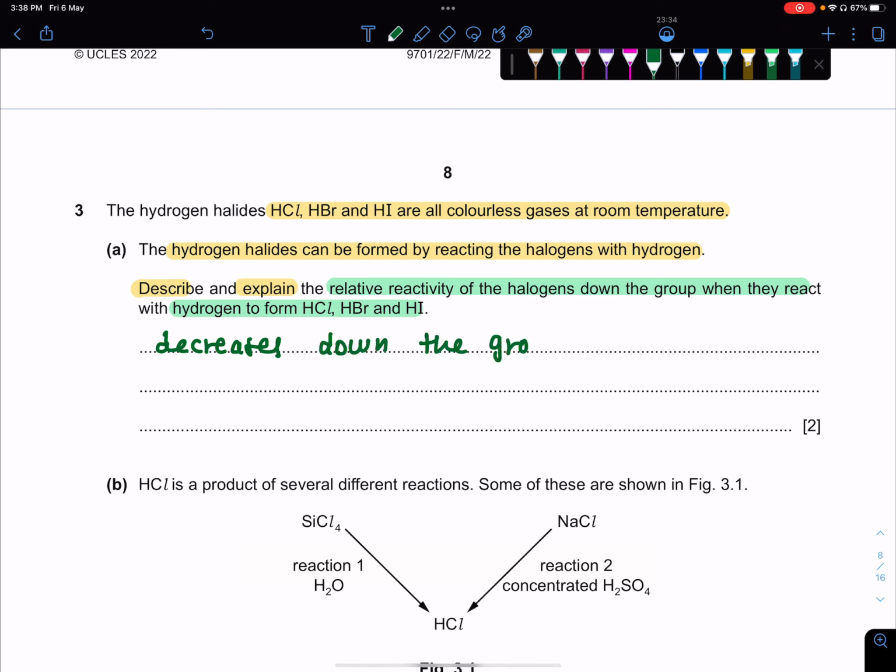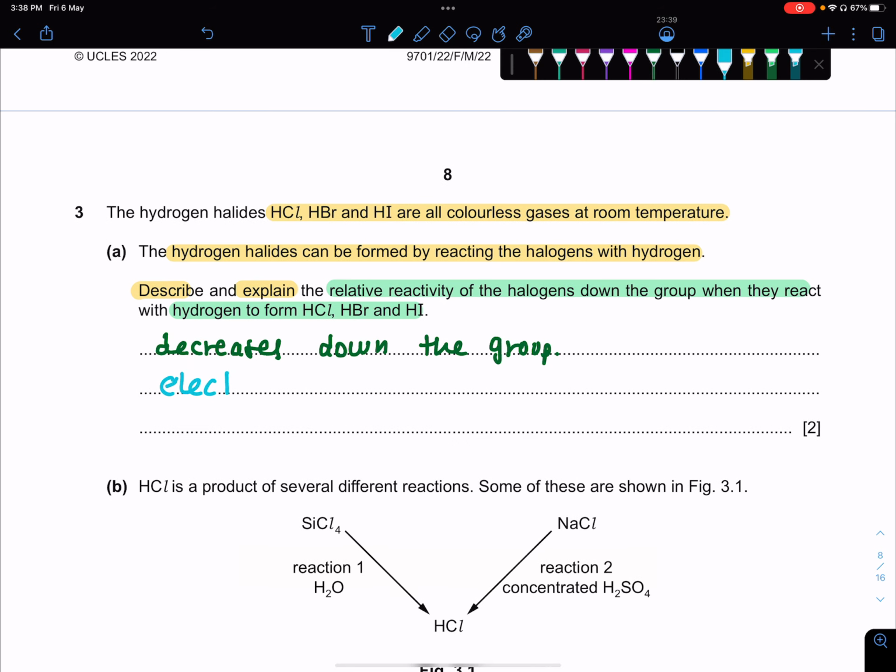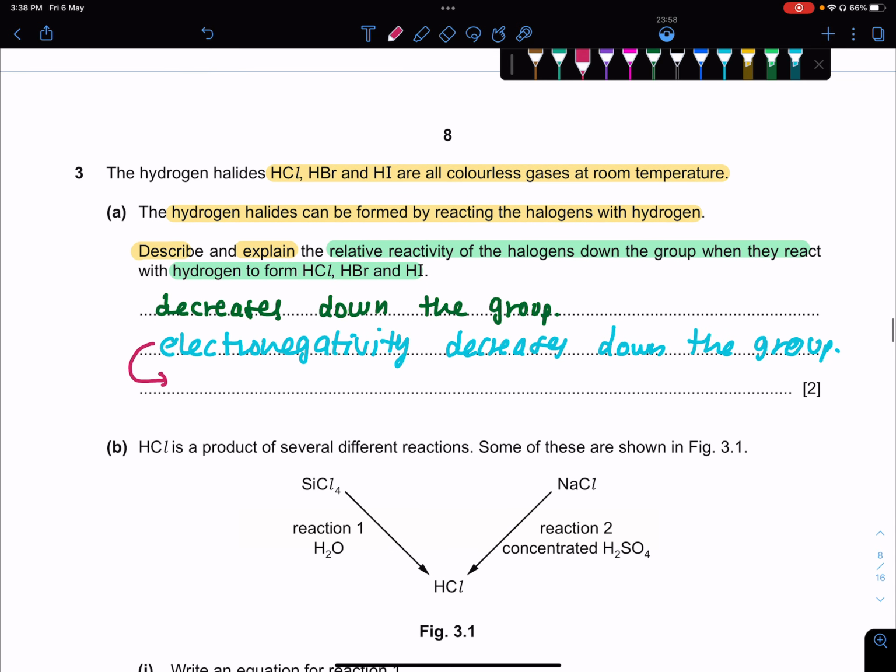Now what is the reason for that? The reason is that electronegativity decreases down the group. Now guys, look, what does this statement mean? This is very important. Down the group in the halogens, oxidizing power decreases.